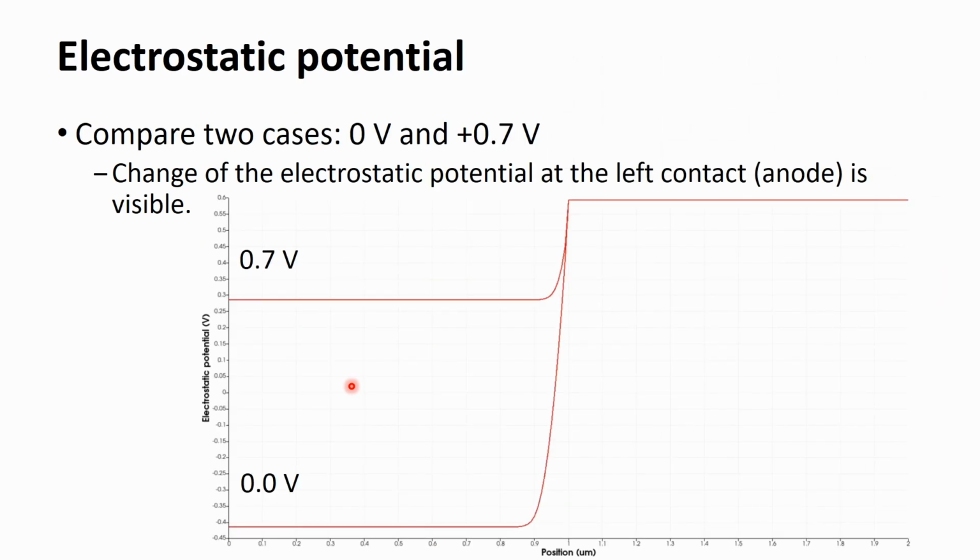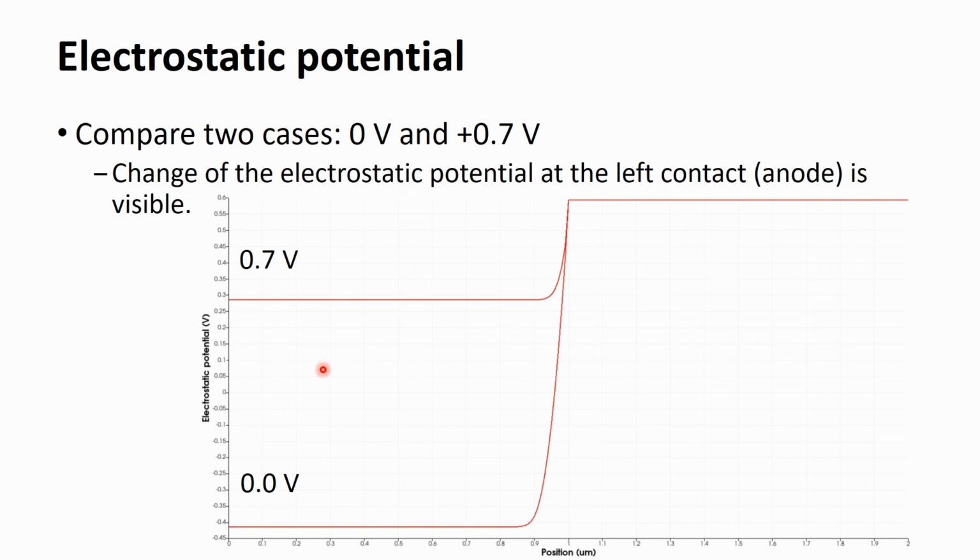Of course, such a behavior is related with internal quantities. As an example, the electrostatic potential is drawn at 0 volt and 0.7 volt. Since the applied voltage difference is 0.7 volt, the electrostatic potential at the left contact, the anode, is changed by 0.7 volt.